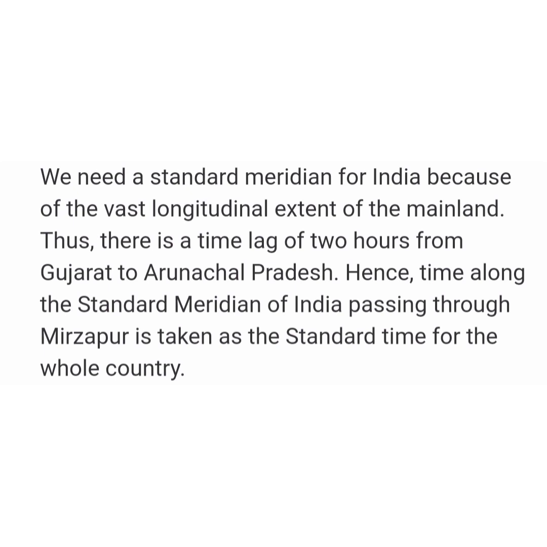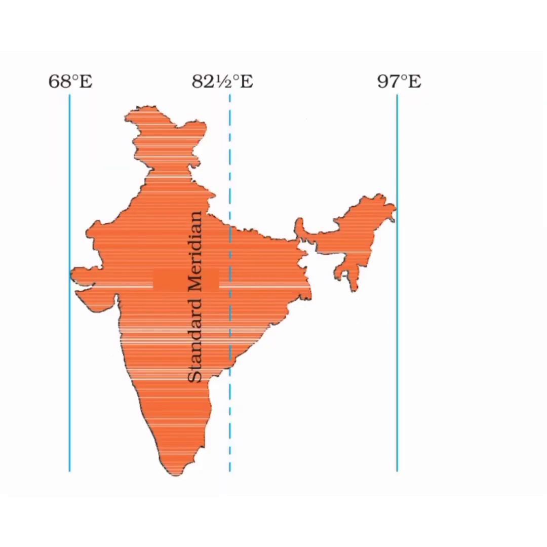In India, for instance, there is a difference of about 1 hour and 45 minutes in the local time of Dwarka in Gujarat and Dibrugarh in Assam. Because of this difference, it is necessary to adopt the local time of some central meridian of the country as the standard time for the country.